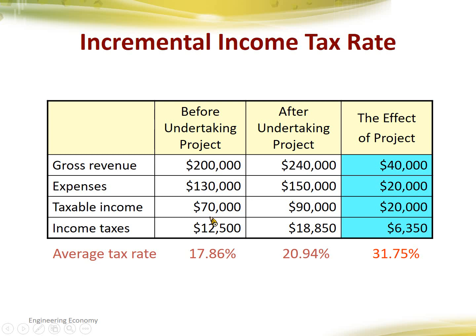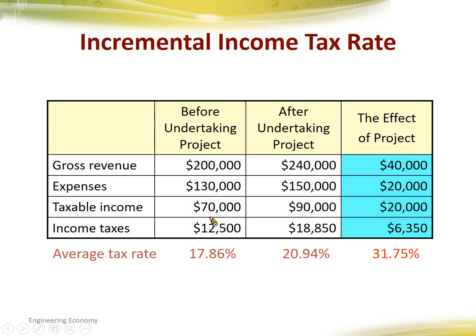But what is the average income tax rate for the new project? In fact, if we compute precisely, it's 6,350, and if you divide it by your taxable income, you'll find that you are paying 31.75% average income tax.